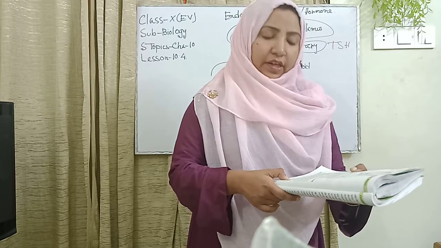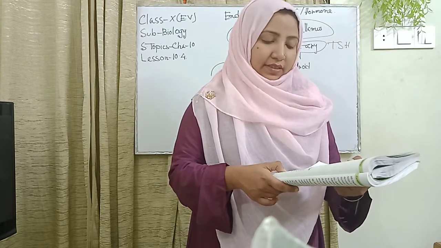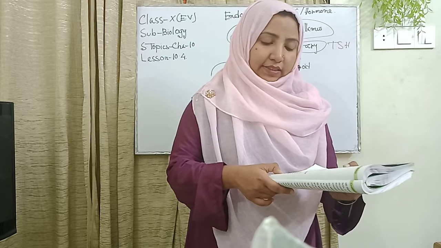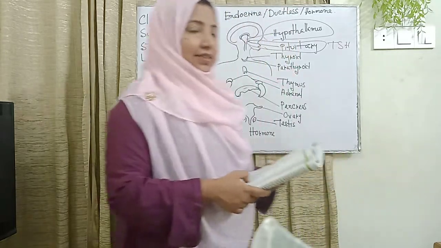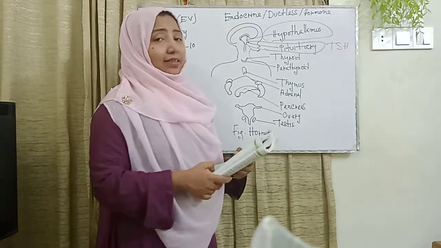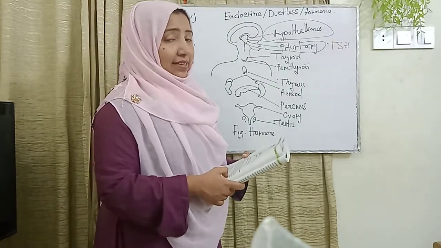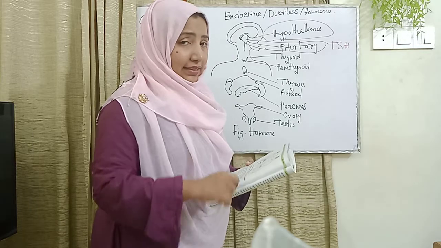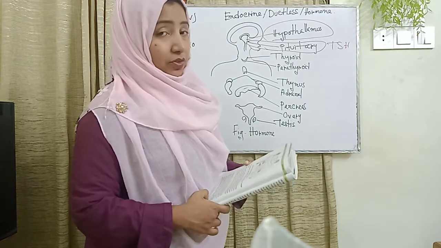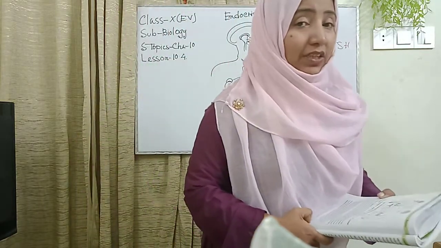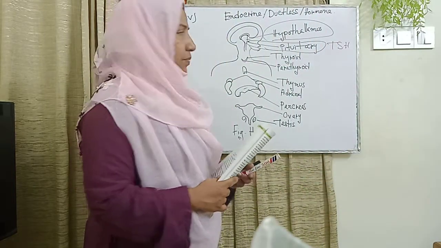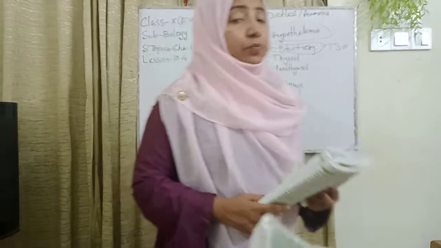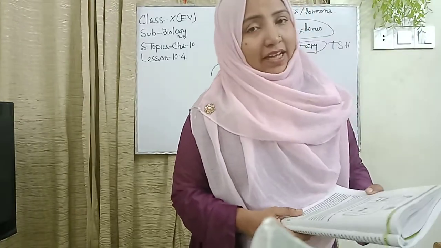Not only does it affect the other glands, it also secretes the growth hormone of the human body. The pituitary gland secretes another six stimulating hormones. So dear students, the pituitary gland is a very important hormone gland for the human body.